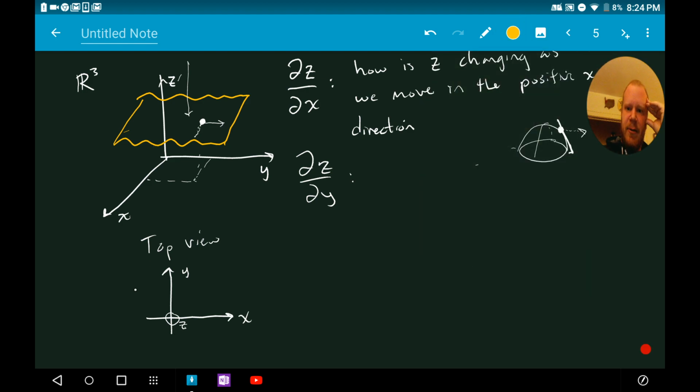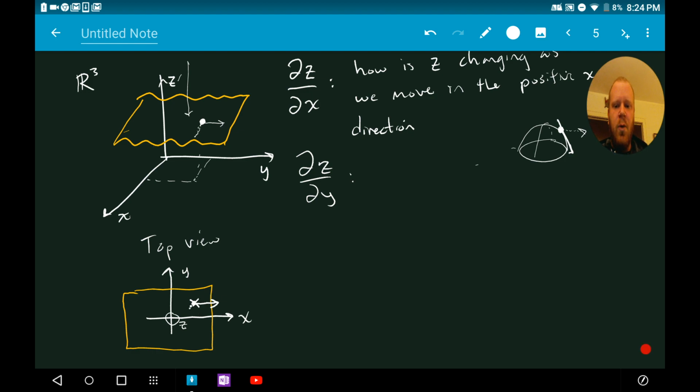But here's our surface, the same surface, with the y and x axes. Let's say at this point, if I want to find the partial derivative with respect to x, I want to see how this surface is changing as I move along the x direction.